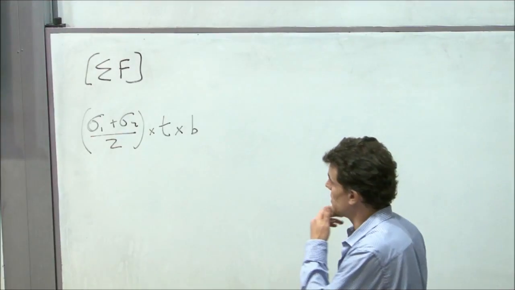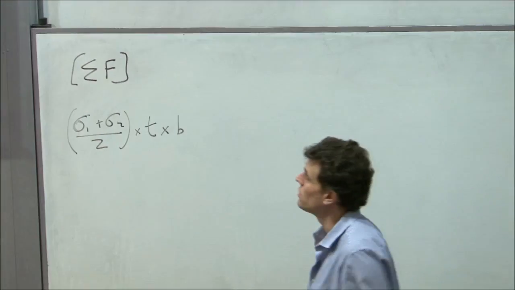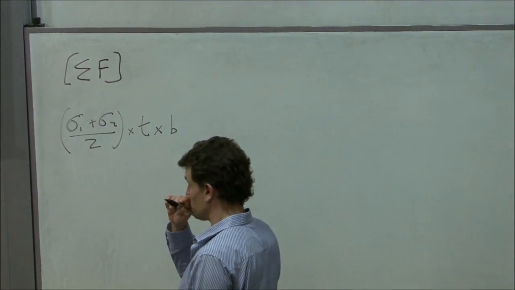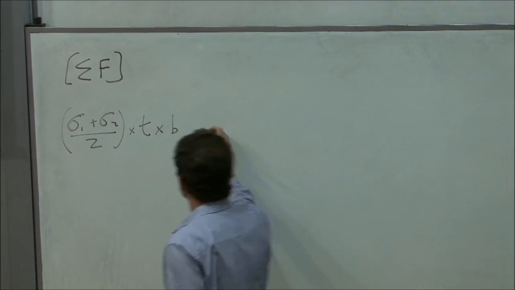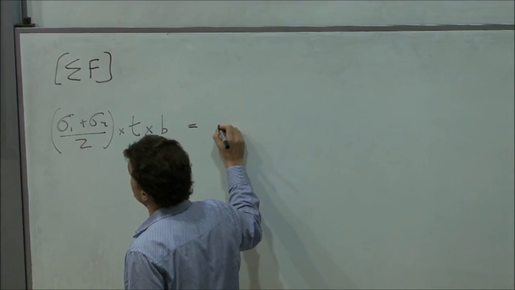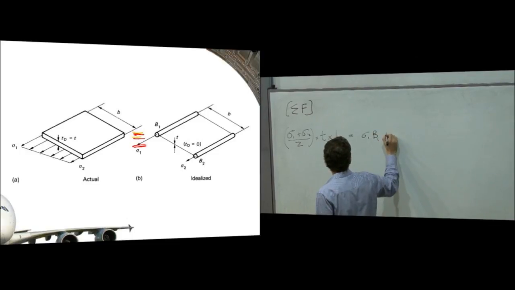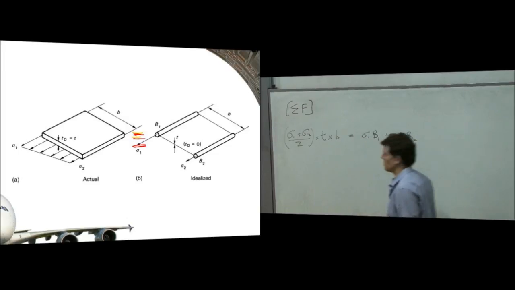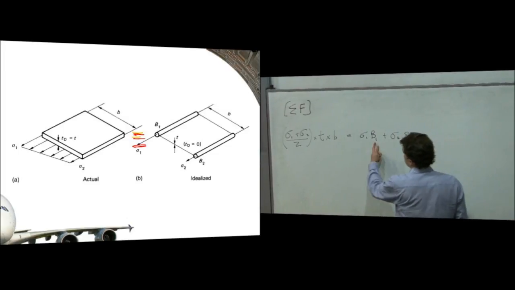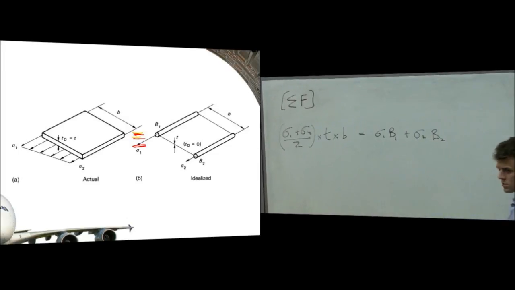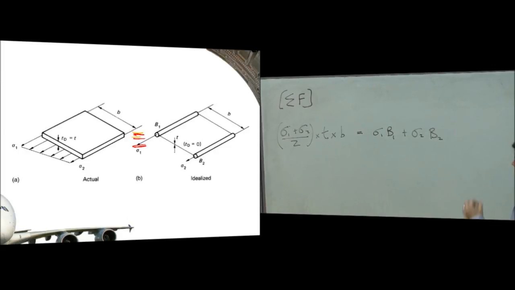Okay, so that's the total force it's pulling on the end of the panel. On the right-hand side, we've got sigma 1 B1 plus sigma 2 B2. So these B's are areas, okay, so they're the area of each boom. And remember, again, these are just virtual areas. They're not real, they're just a virtualized area.